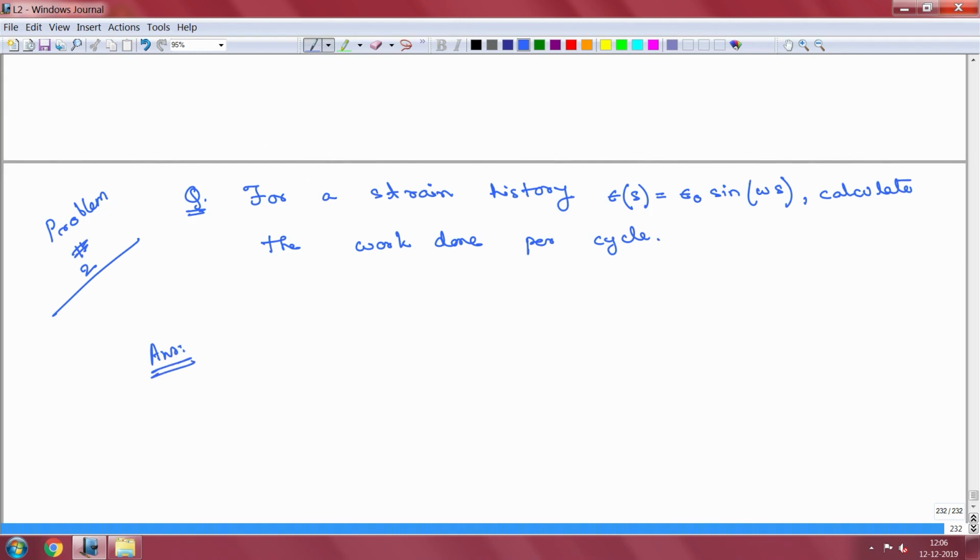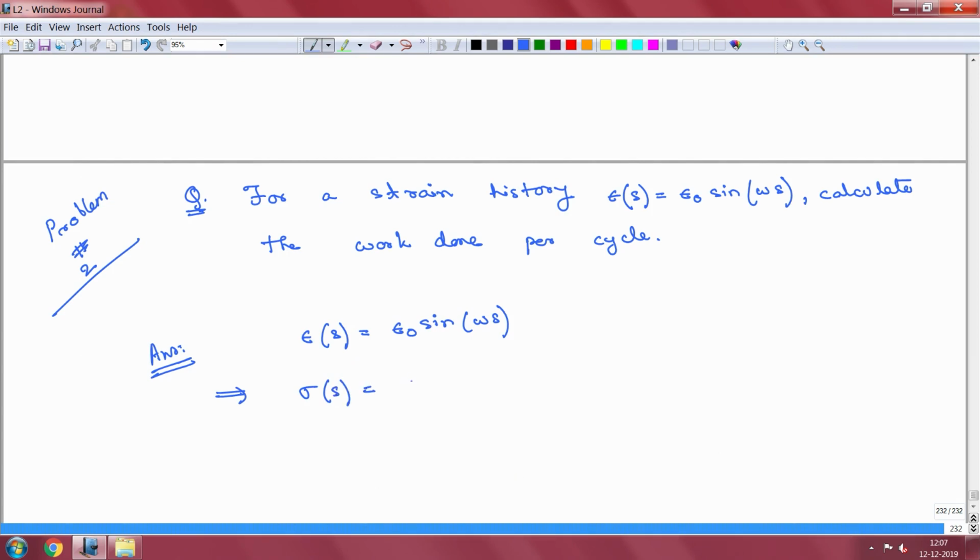So now let us try to solve this particular problem. This is given to us as the input, and recollecting from the material that we have already discussed for sinusoidal strains and sinusoidal stresses, this input will create an output for the stress, which is also going to vary in time.